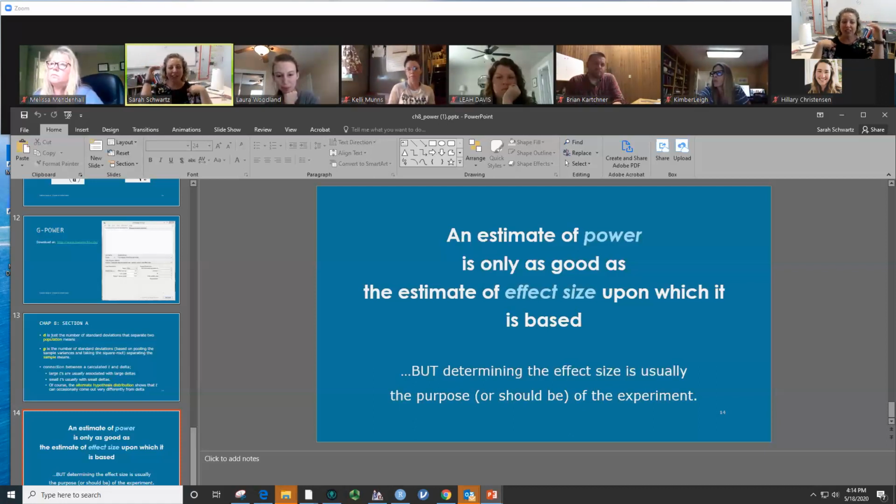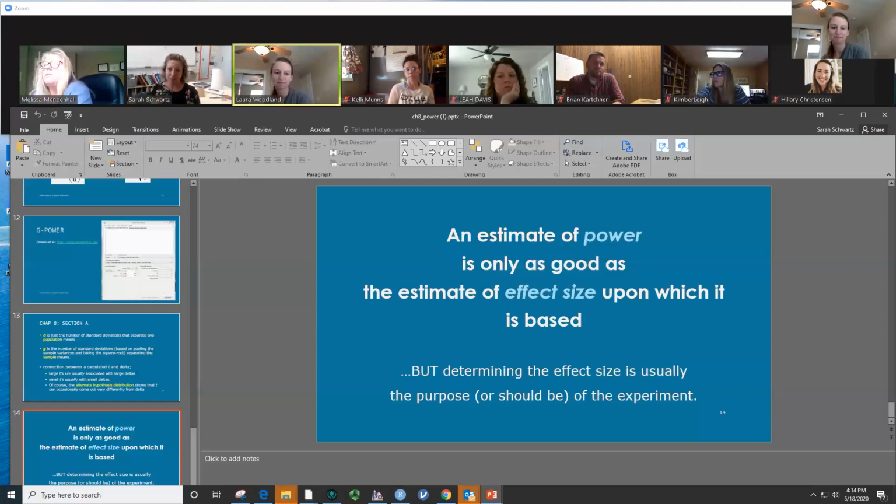Sometimes we're limited in the sample size because of the time and energy and money and resources we have available to us. So we want to do the best we can. We want to get the biggest sample we can and the biggest effect we can to have a bigger chance of being able to declare something statistically significant. Okay. Does that help?